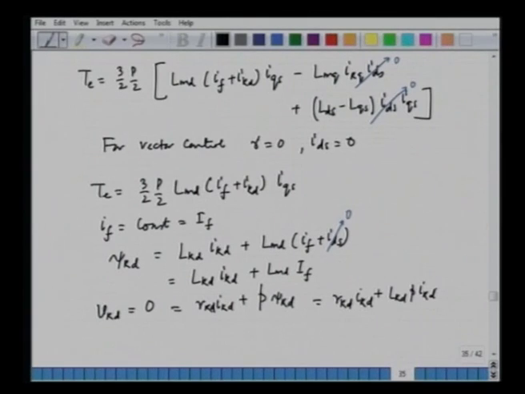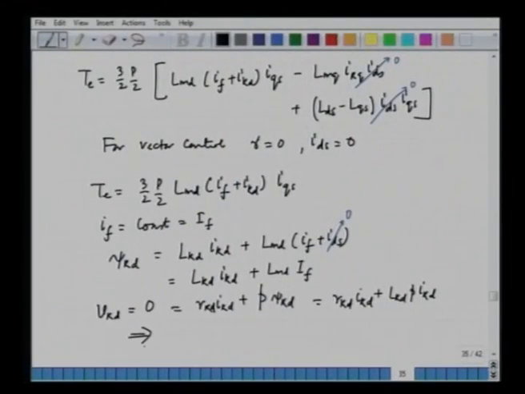Now, since we do not have any applied voltage, this current IKD will be 0 for steady state condition. Even in the transient condition, if we do not change IF, this current will be equal to 0, which implies IKD is equal to 0. So we have the equation for the torque, Te is equal to 3 by 2 P by 2 (LMD IF plus IKD) into IQS.